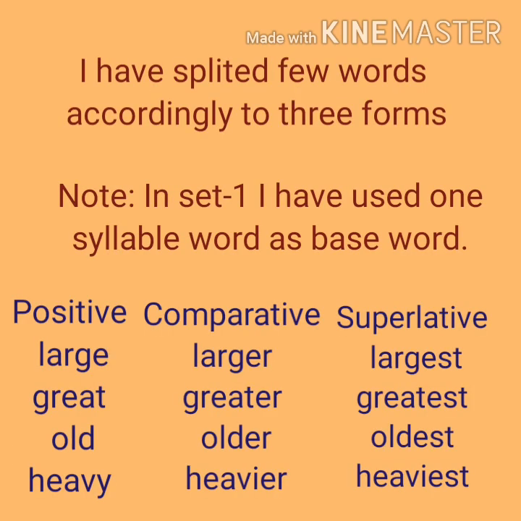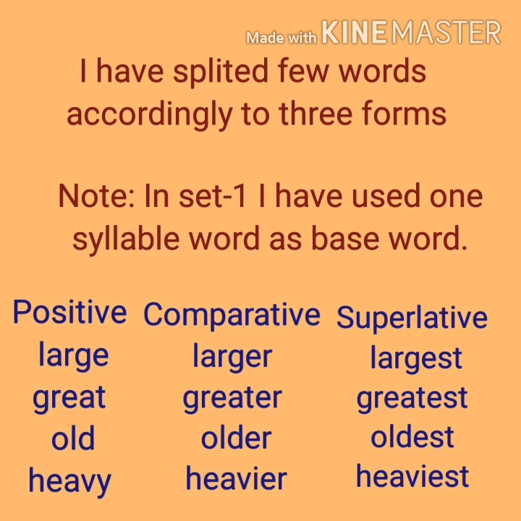Hope all have noted down the rules carefully. I have split a few words according to 3 forms. Note, in set 1, I have used one syllable word as base word. Under positive, set 1 base word, we have large, great, old and heavy.